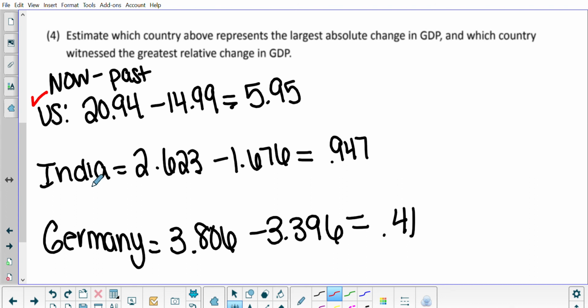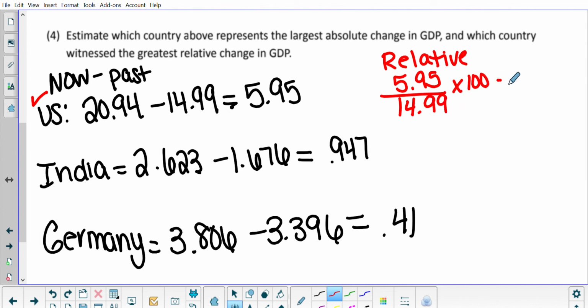All right? And now I want you guys to calculate the relative change. And let's round to the nearest tenth. Okay, so when we do relative change, we take our absolute change and we divide it by our past. We multiply it by 100. So for US, we have 39.63%, and I said to round to the nearest tenth, so that's 39.6.